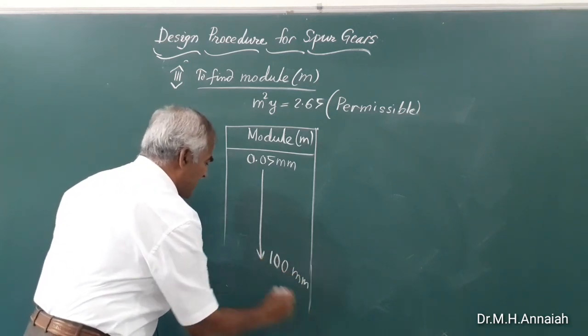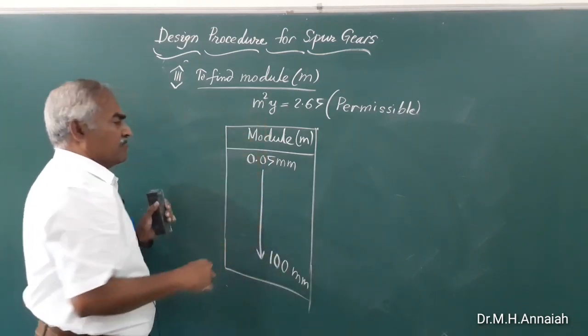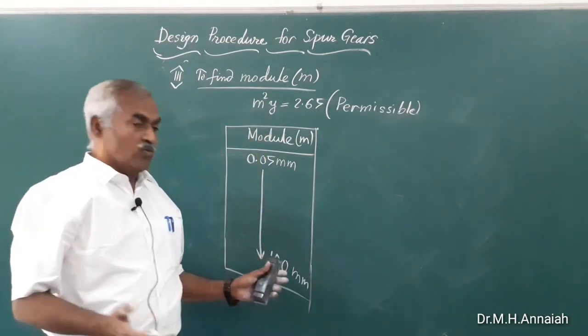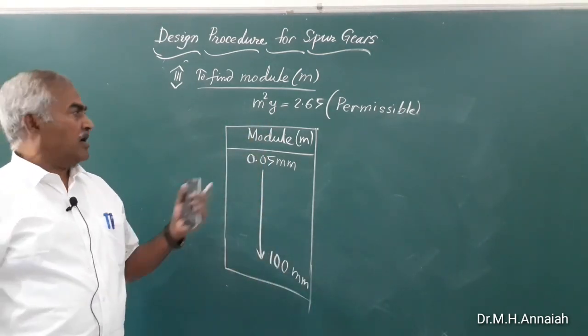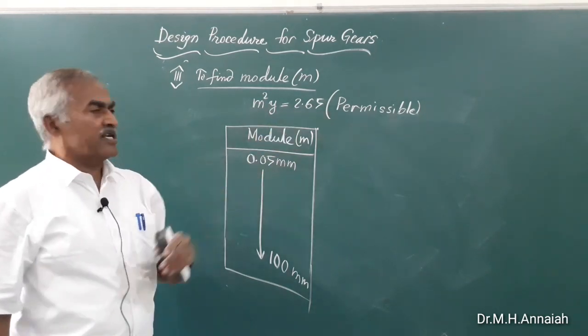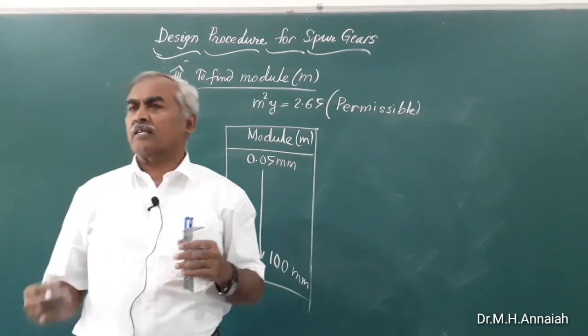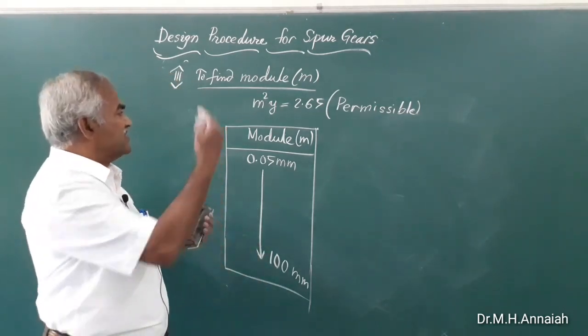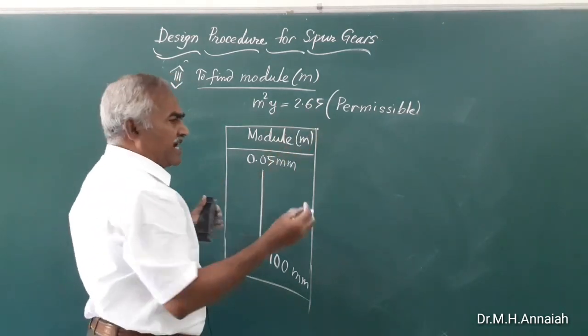So, these are the standard values available, 0.05 mm to 100 millimeter. And here you friends, to find out the module, you can have a choice of selecting any one standard value.